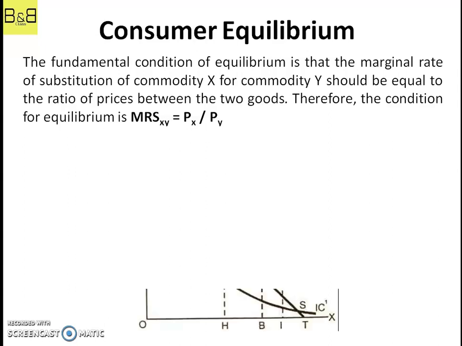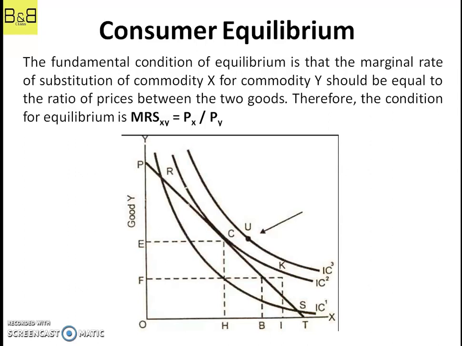Let us see the same thing in the graph. Here in the graph, PT is the budget line. IC1, IC2 and IC3 are three different indifference curves. At point C, where the budget line PT is tangent to IC2, the consumer is said to be in equilibrium, since that is the only point where the budget of the consumer and the satisfaction derived from a particular combination is maximum.